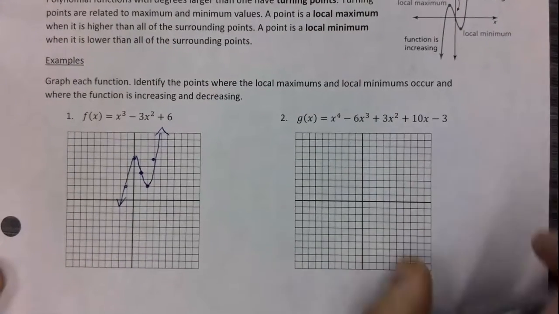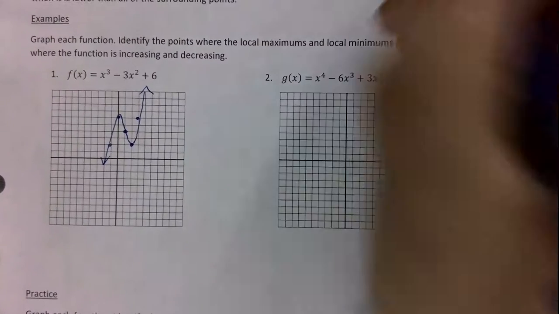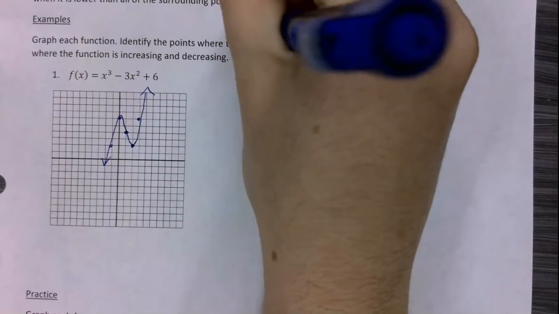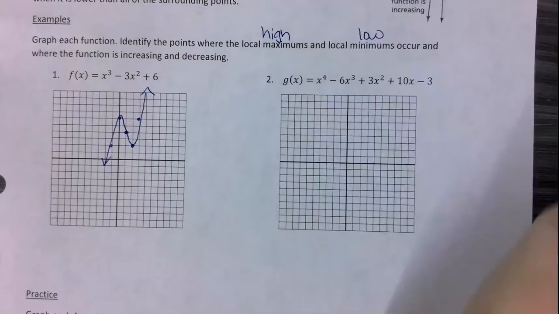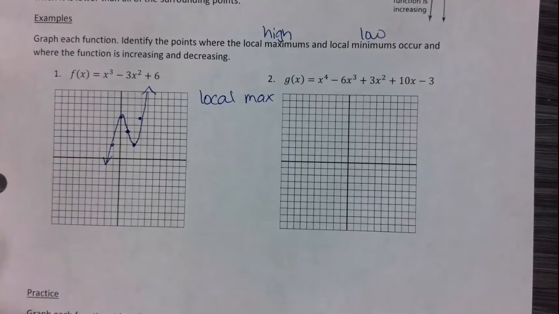Okay, so now it wants me to say where the local minimums and the local maximums are. So remember, maximums are high, minimums are low. So where is the local max at? The coordinate point of the local max.